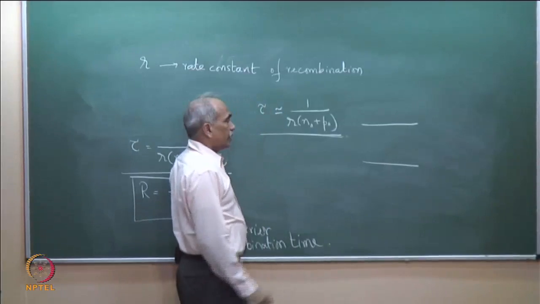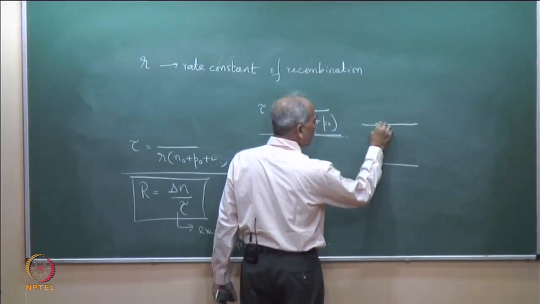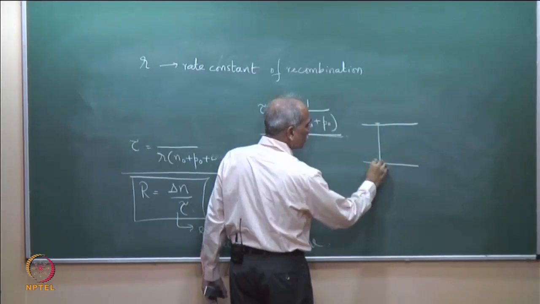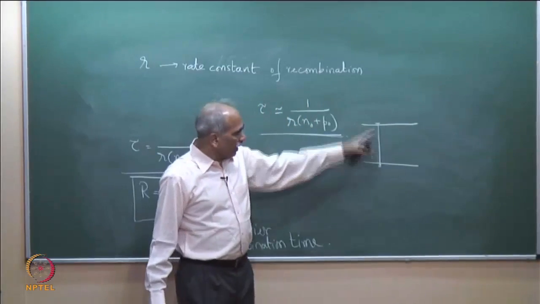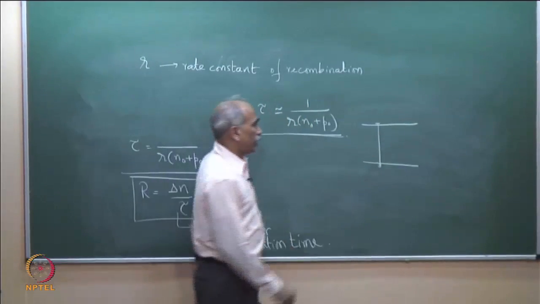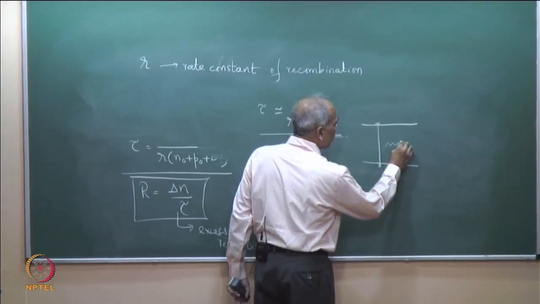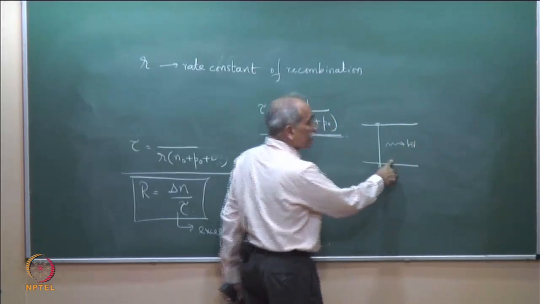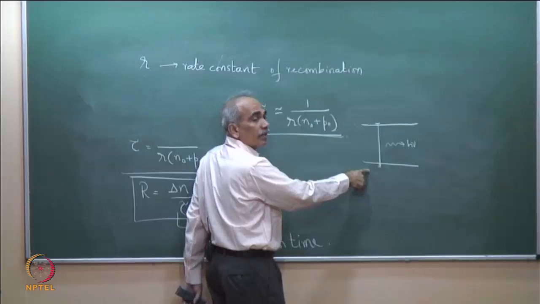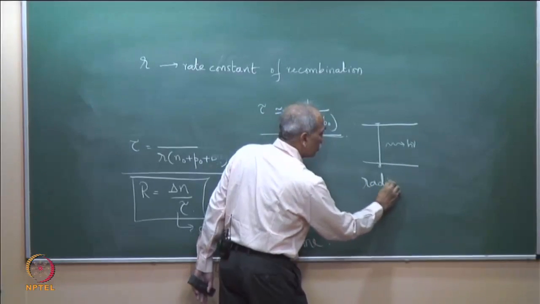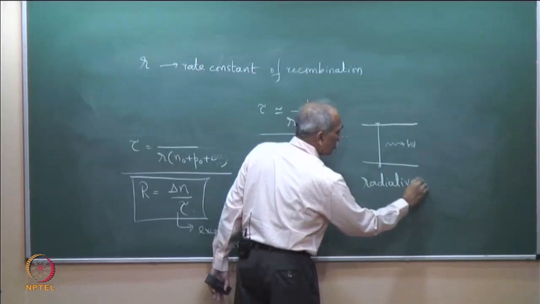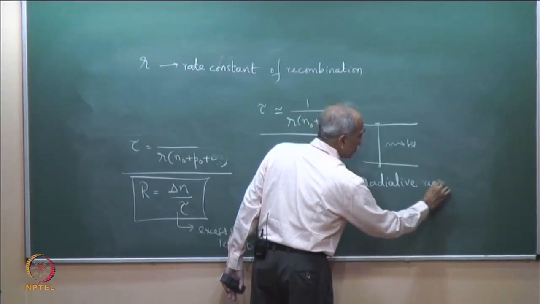We have seen that an electron making a downward transition and making a recombination, an electron and hole recombination here, may lead to emission of a photon. In this case, the transition is called radiative transition, radiative recombination.